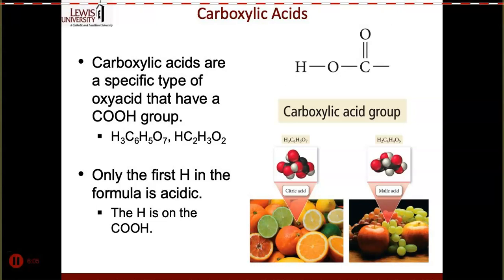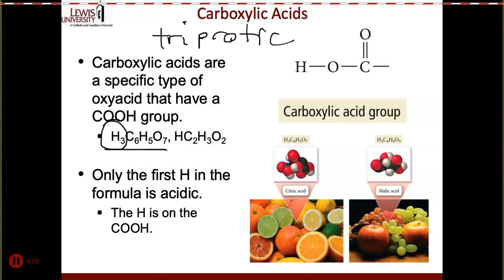what happens in a carboxylic acid is, we can have something like citric acid or malic acid, where we have several protons. Citric acid takes this formula right here. So we have 3 acidic protons. We write those 3 acidic protons out in front. So we would call that a triprotic acid, right?